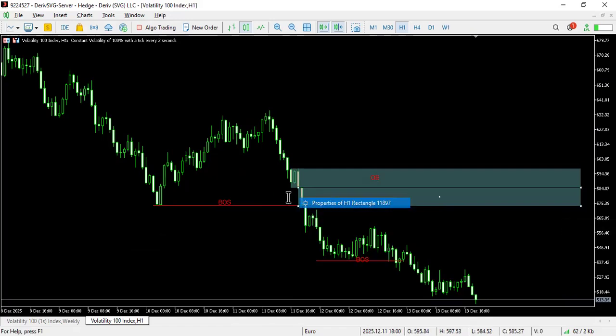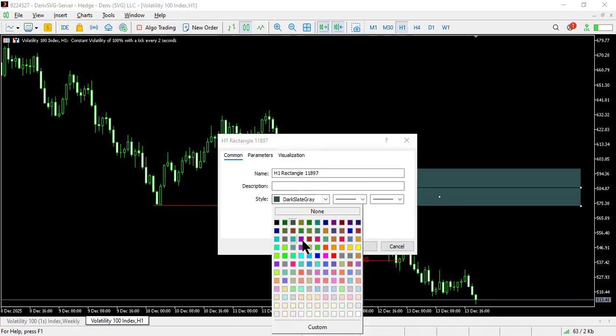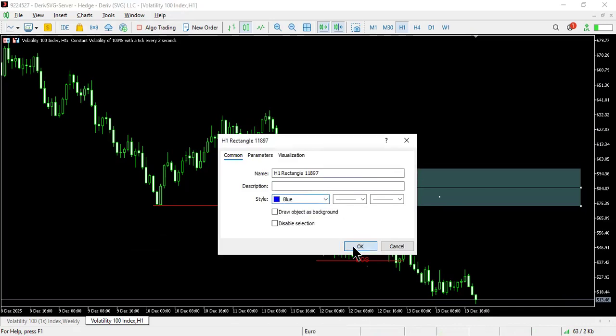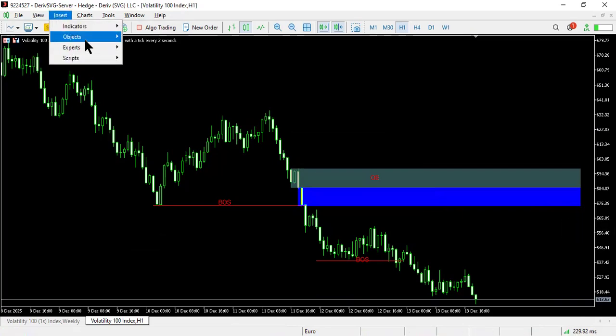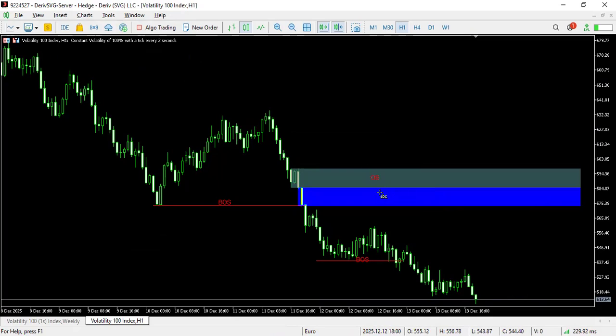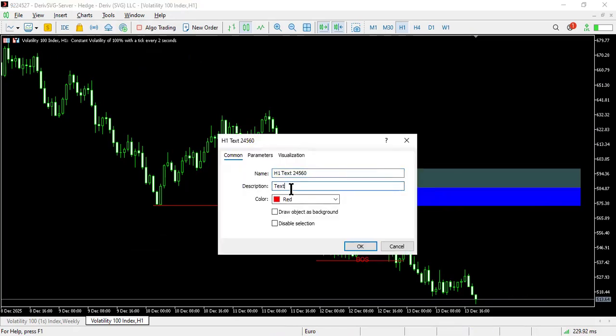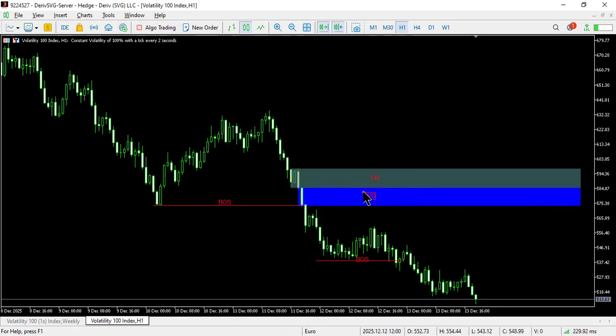So I just like to mark the FVG as well, because if price is not reacting from the order block, then it's reacting from the FVG, which is the fair value gap.